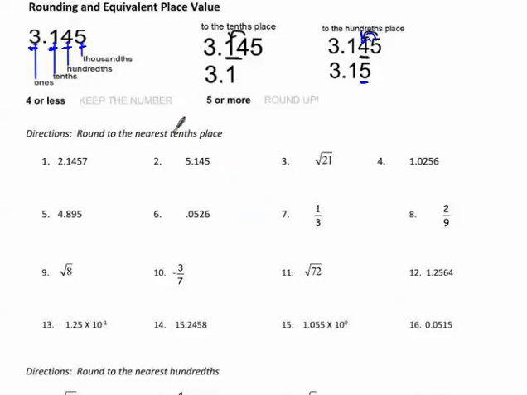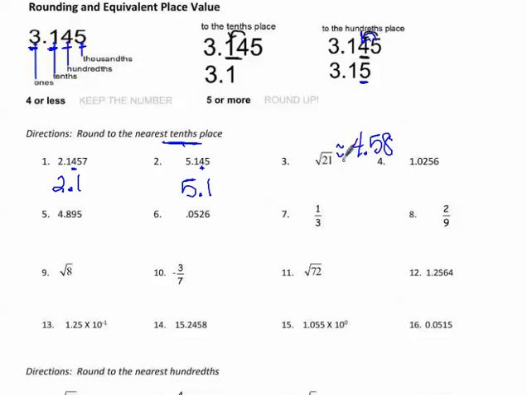Let's practice. These want you to round to the nearest tenth. So I'm going to look at the place in the hundredths, which is the 4. It is less than 5, so I'm going to keep the number at 2 1/10. On number 2, it is a 4 in the hundredths place, so I'm going to keep the tenths place the same. Square root of 21 is approximately 4 58/100.